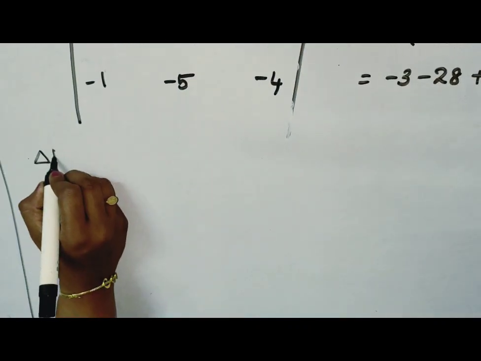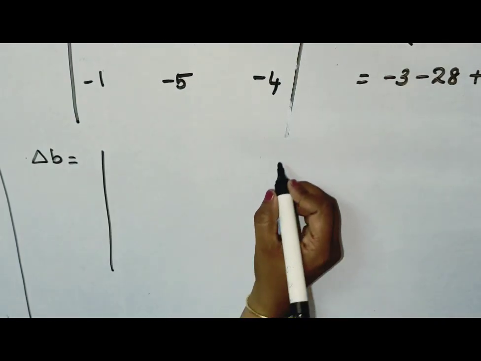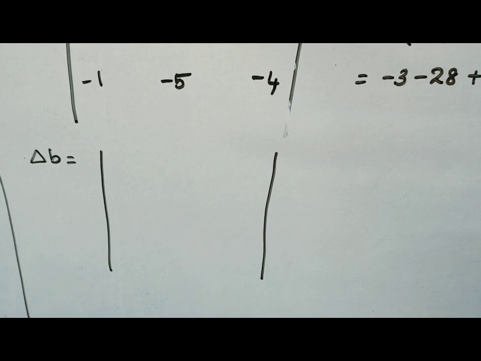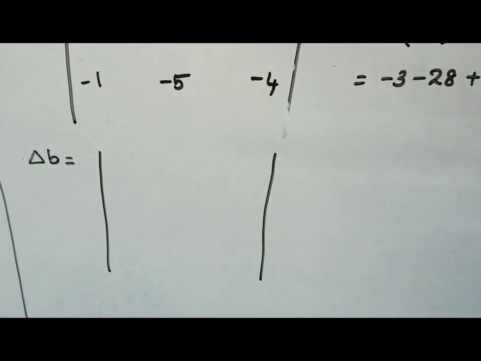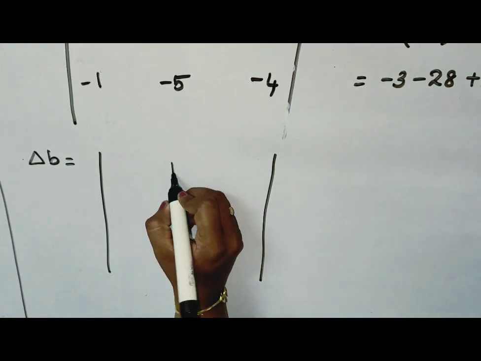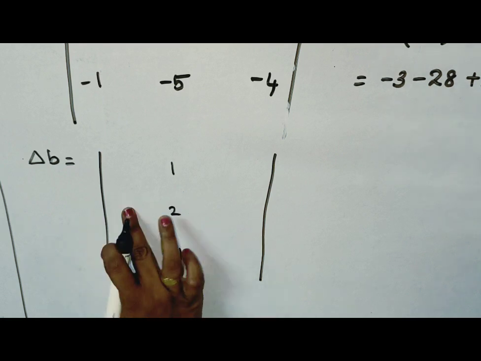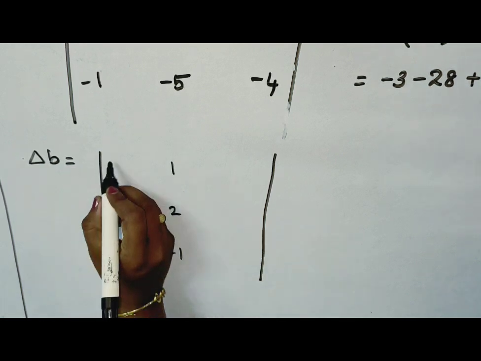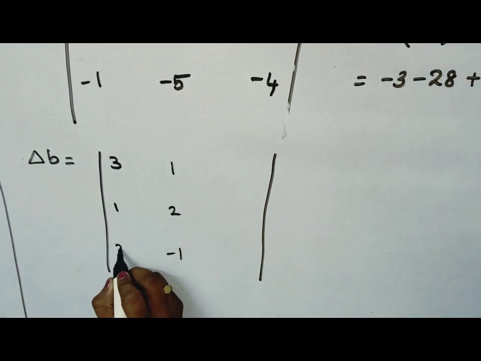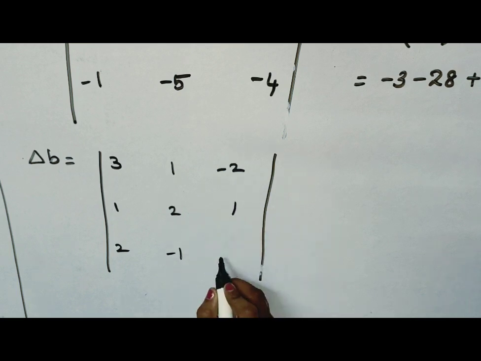Similarly, we will find the value of delta B. When it comes to delta B, we have to replace the B column with the constants on the right hand side, 1, 2, minus 1. The remaining columns will stay as they are: 3, 1, 2, minus 2, 1, minus 4.